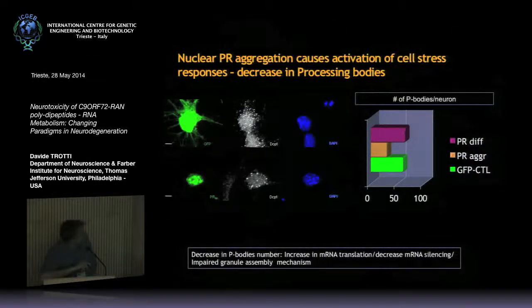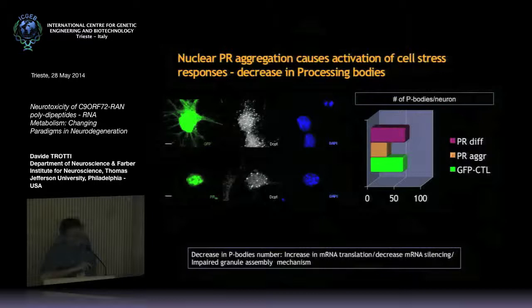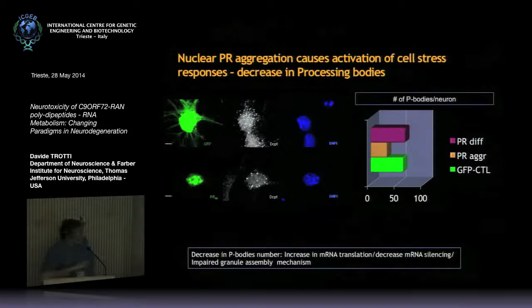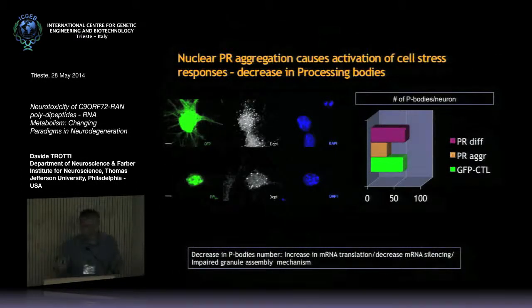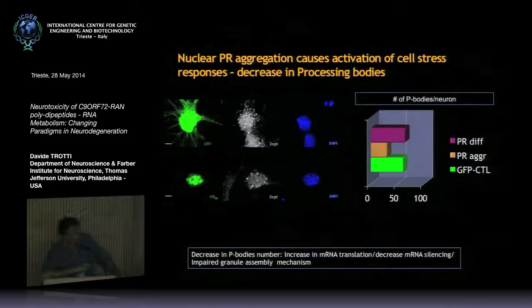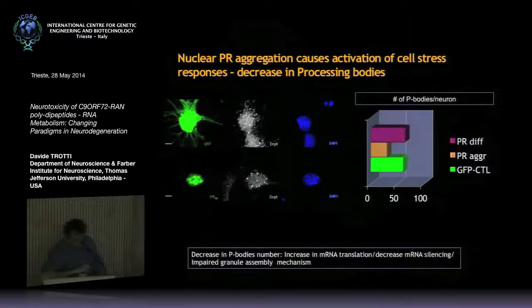These are the data plotted here. We also were able to break it down by diffuse state versus aggregation state. And you can see that if you have aggregation, you have a remarkable reduction in P-body numbers. That could mean that you might have an increase in mRNA translation, or decrease in mRNA silencing, or an impaired granule assembly mechanism. All these hypotheses feed into the general hypothesis of a cell stress response.